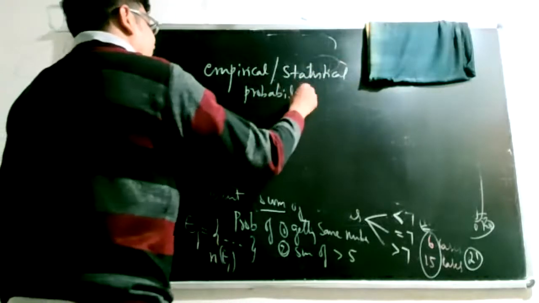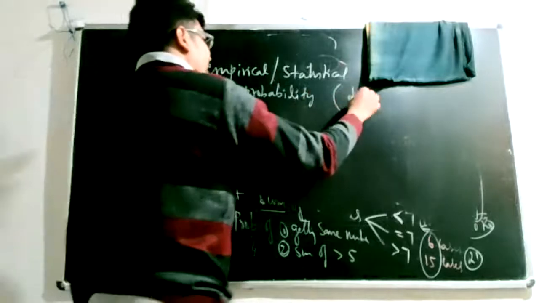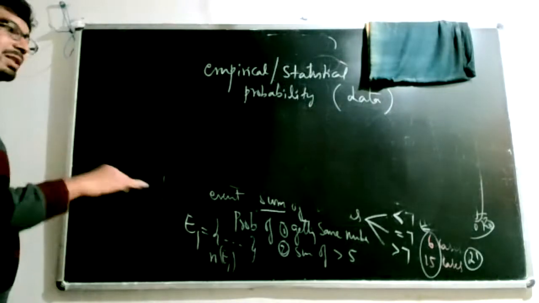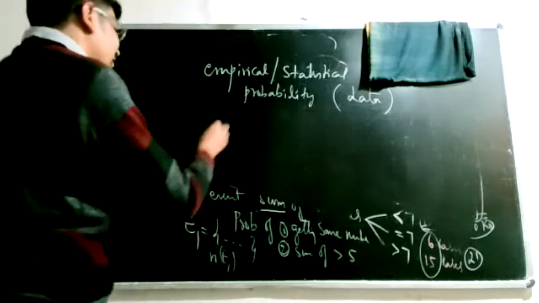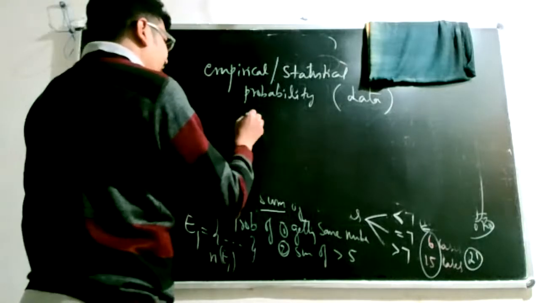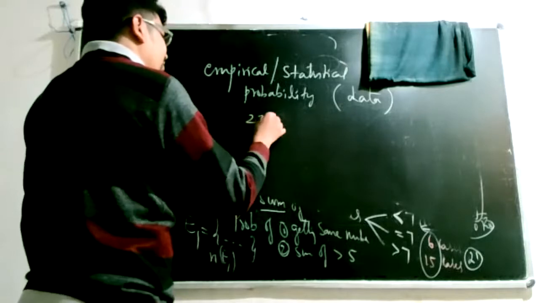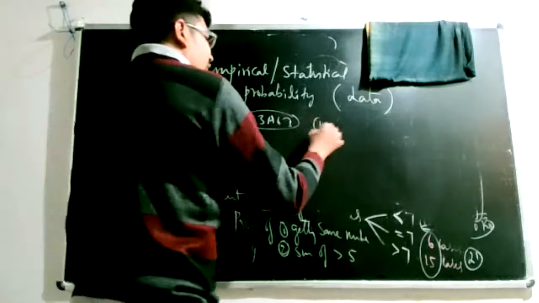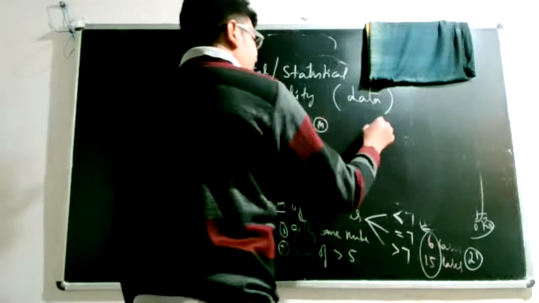When we say statistical, we mean the approaches based on data. Whenever you are talking about experiments where sample spaces are not involved, let me take an example. I'm boarding a particular flight, say number 23A67, going from Mysore to Bangalore.